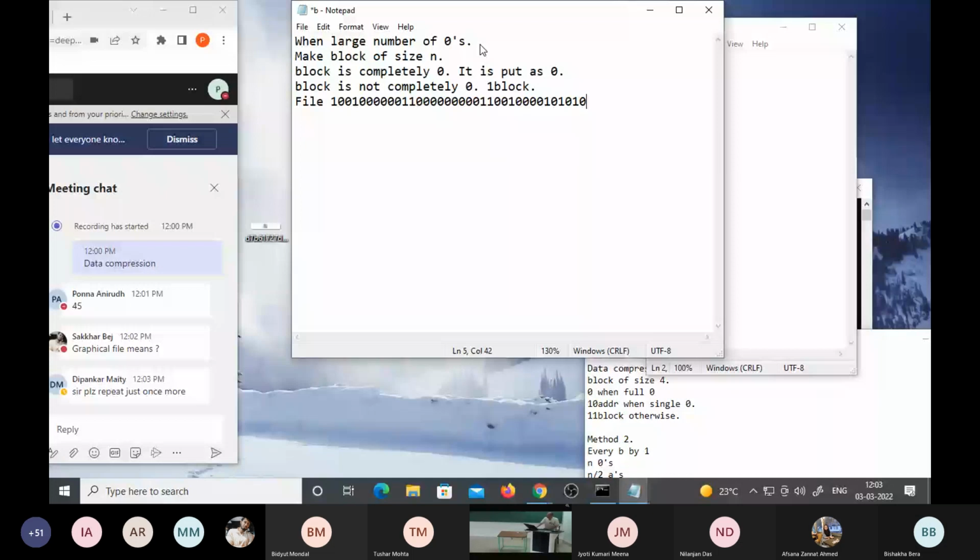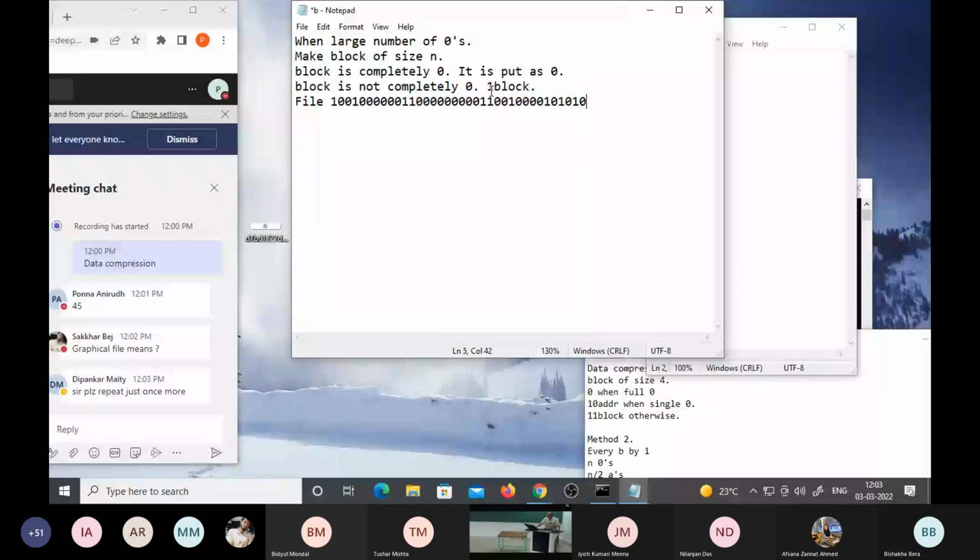We have a file in which a large number of zeros are there, and we want to reduce the size of the file. What is the method? We make blocks of a certain size. If the entire block is zero, then only one bit is required. Otherwise, we type 1 followed by the block.